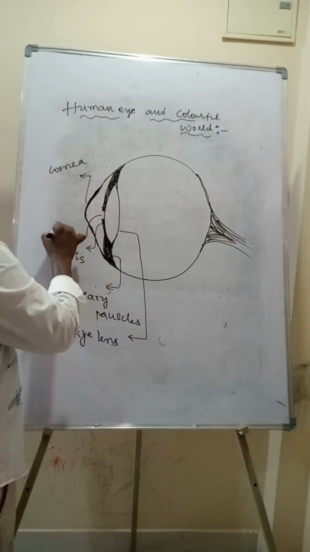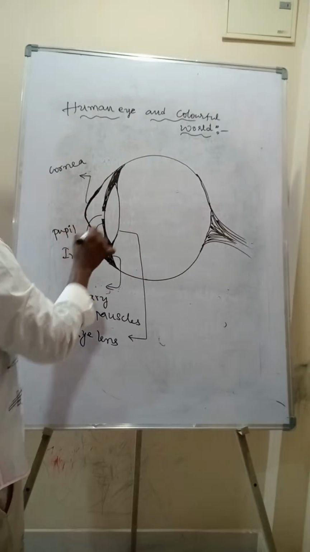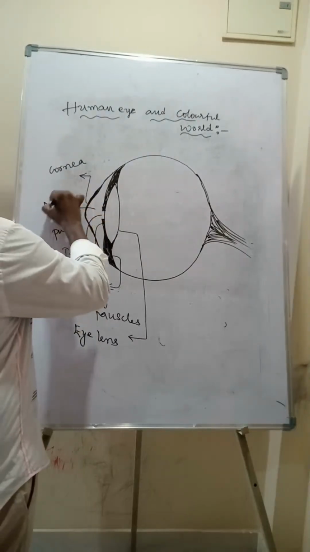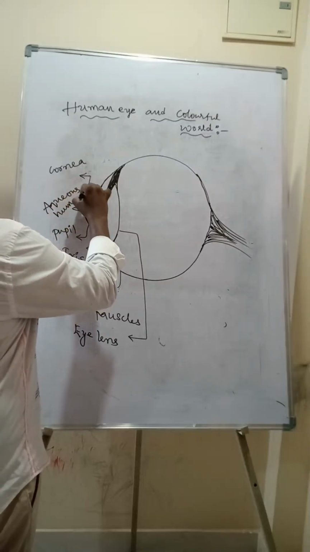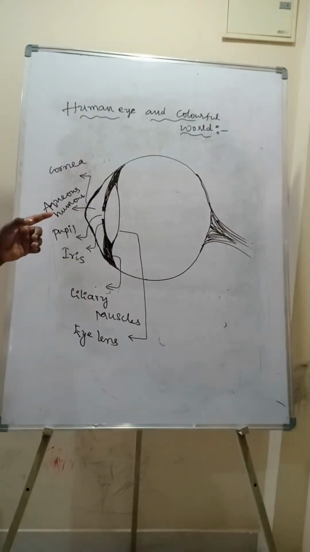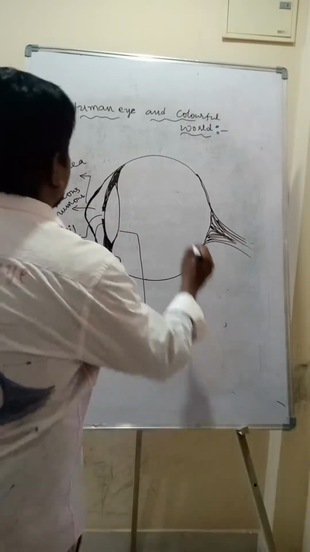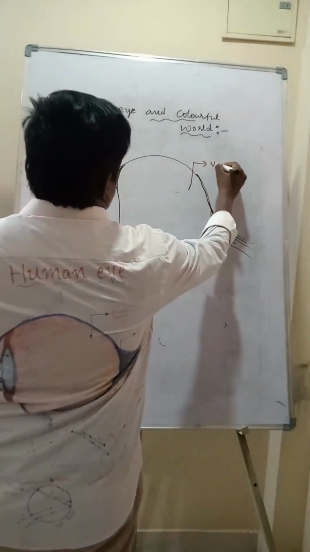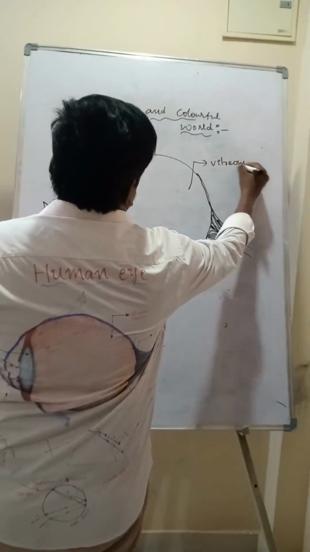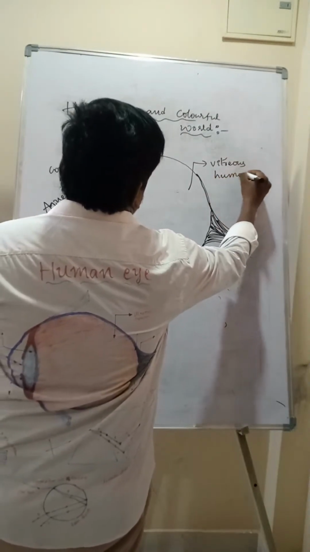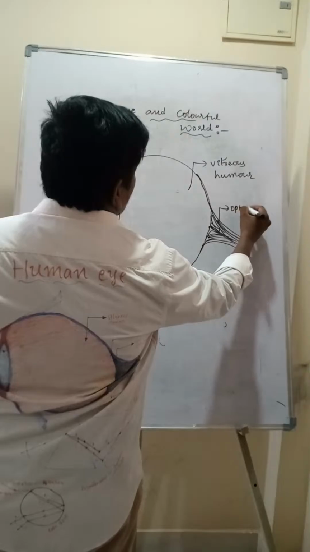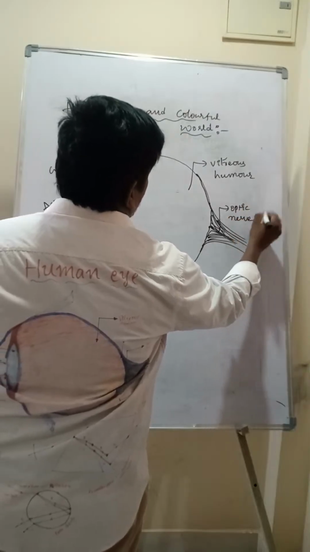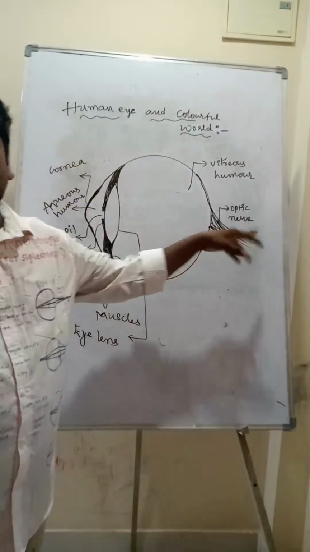This gap is called pupil. This is the aqueous humor, and here it is the vitreous humor, and here it is the optic nerve.